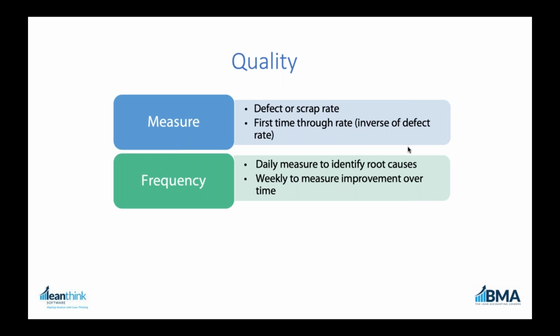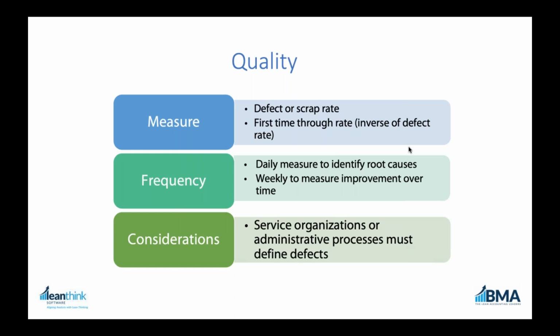Now, what you have to consider here is if you are in a service organization or you're measuring quality in administrative processes, you have to define what a defect is, because the thinking is not as common as it is in manufacturing.